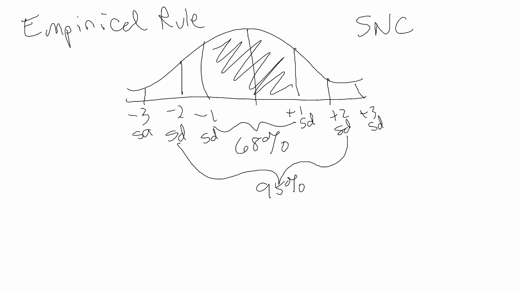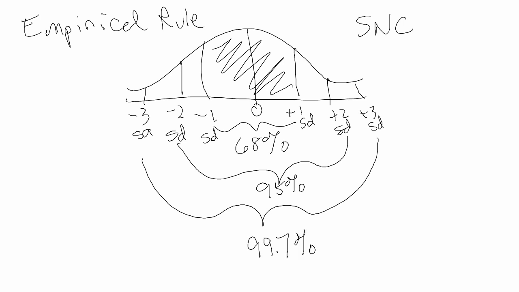Again, 0 is in the middle. 99.7% of the data, almost all the data, is between -3 and +3 standard deviations from the mean. So if we can take any normal curve and get it on this standard normal curve, we can use the empirical rule.